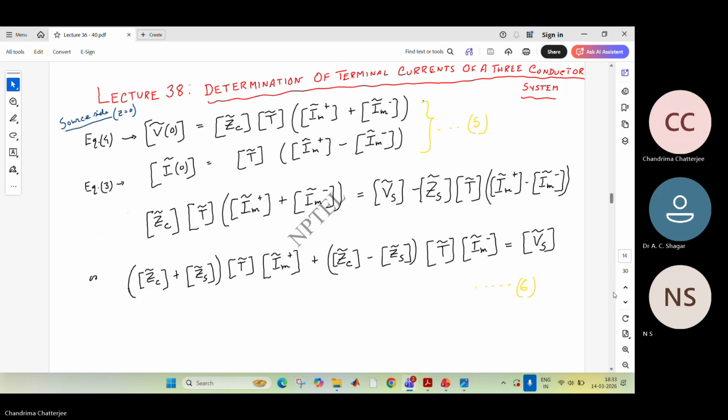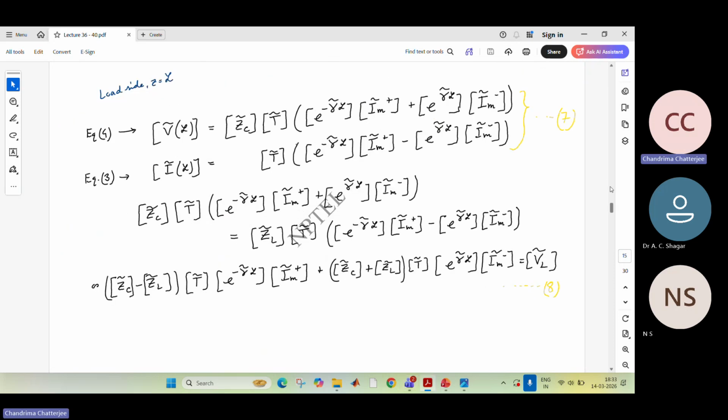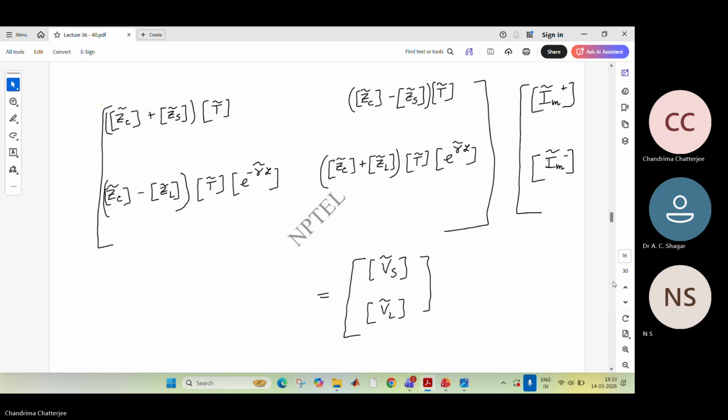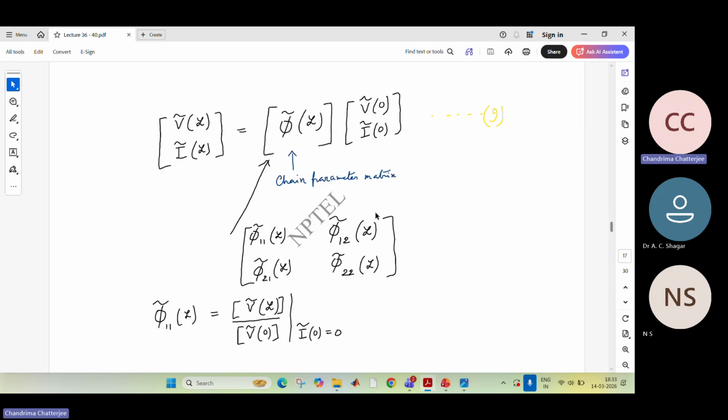I'm not going into this because this is a very large derivation and you can refer to it. See, this is the chain parameter matrix. That's how we define it. So this is VL and IL, and this is equal to chain parameter matrix phi L multiplied by V0 I0.